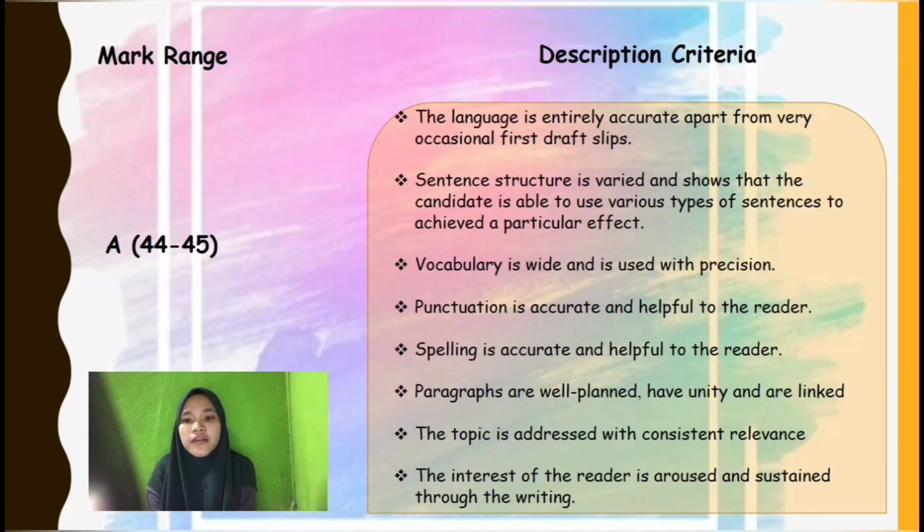Spelling is accurate. Paragraphs are well planned, have unity and are linked. The topic is addressed with consistent relevance. And lastly, the interest of the reader is gained and sustained through the writing. That is the mark range for A, 44 to 45.